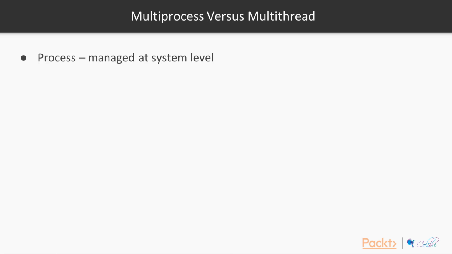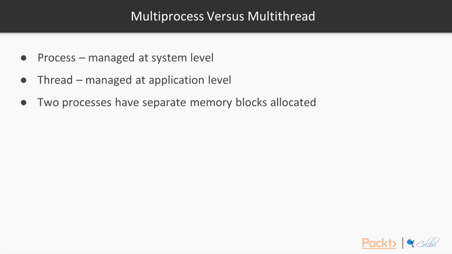There is a subtle difference that you as a software developer have to understand between a process and a thread. A process is an entity managed at an operating system level. When you start a new application, that will create a new process. A thread, however, is managed at an application level. Both processes and threads can represent blocks of code executing in parallel.